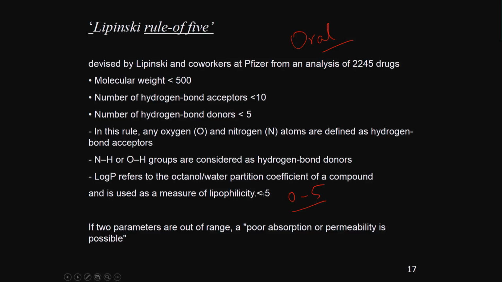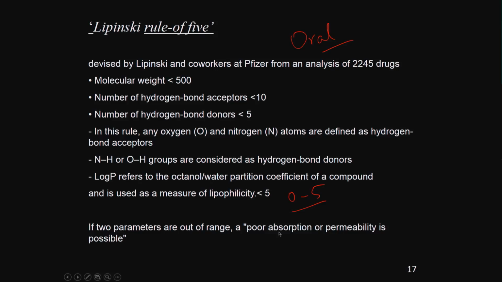According to them, it should be in this region, but there are rules which narrow this region also. According to them, if 2 parameters are out of range, then chances are it will definitely have poor absorption or permeability, and bioavailability also will be low. So do not take up that molecule.